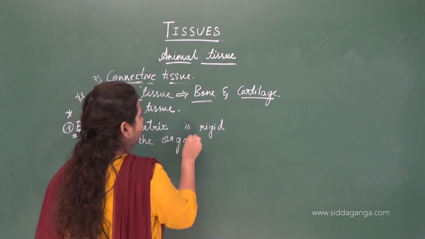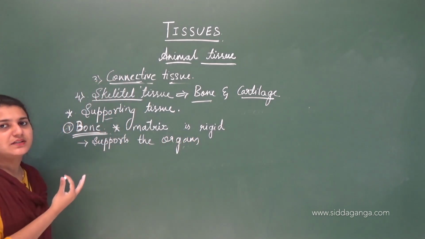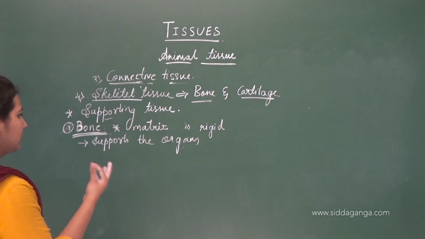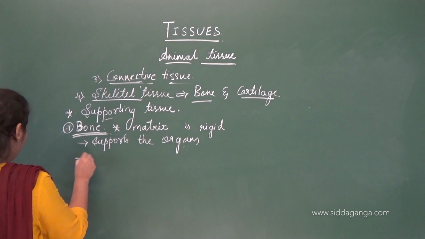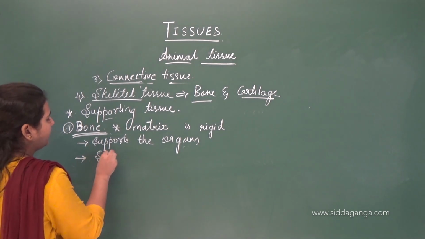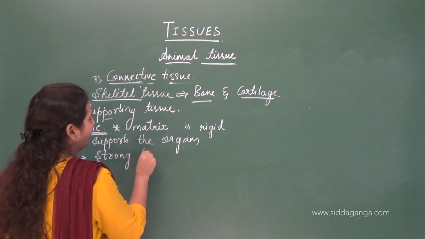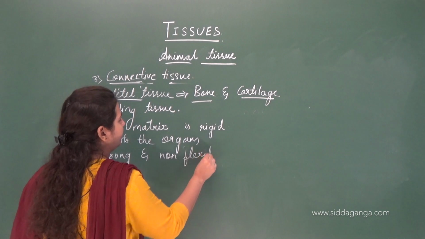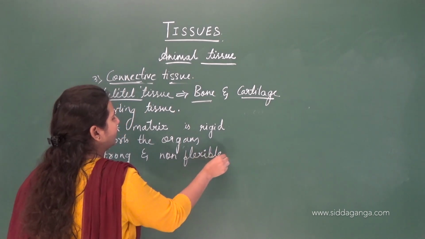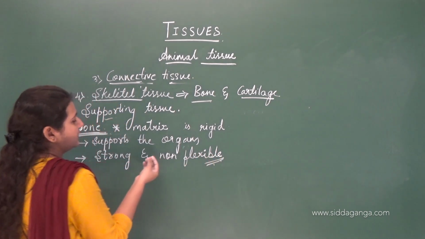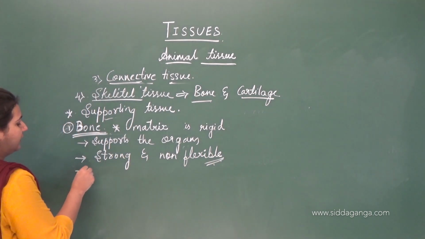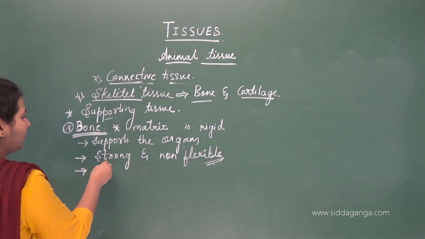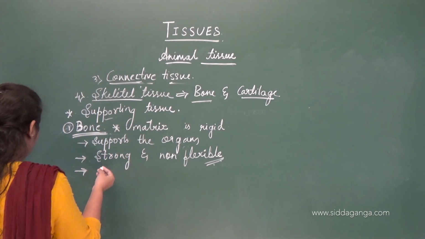The matrix present around this bone is rigid, and it supports the organs or the area wherever the bones are present. These are very strong and non-flexible. Bones are not at all flexible, which is why our bones are not bendy, and hence it provides a particular shape to our body organs.